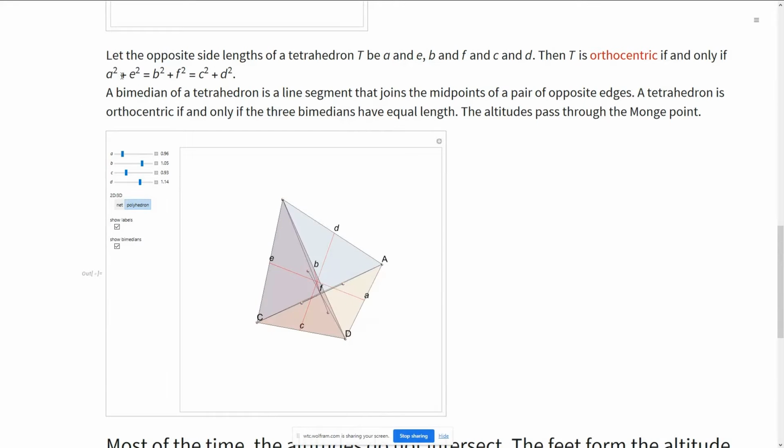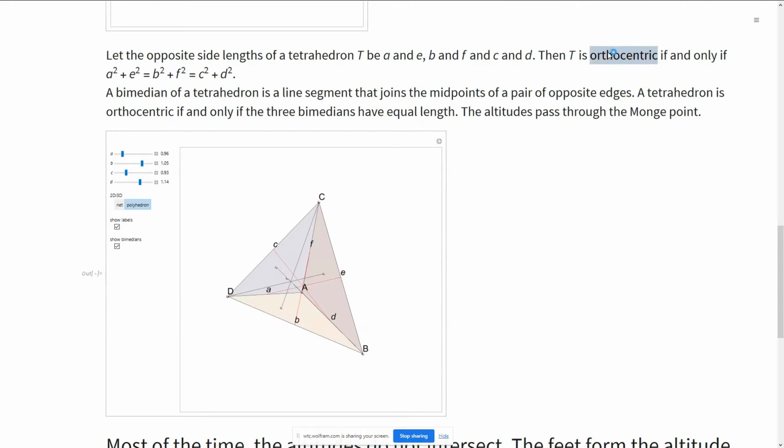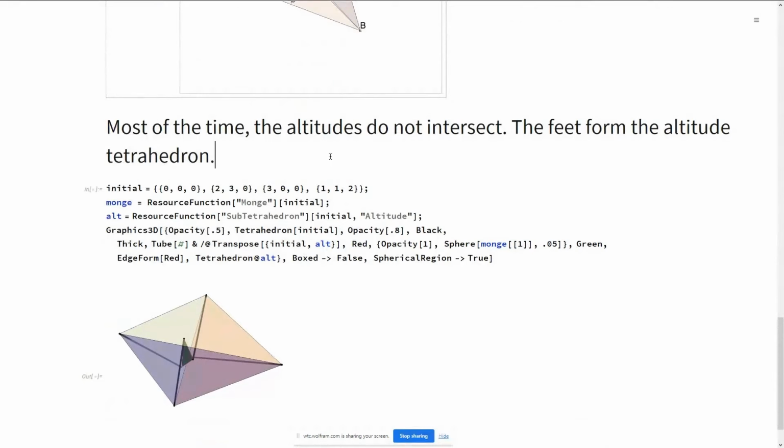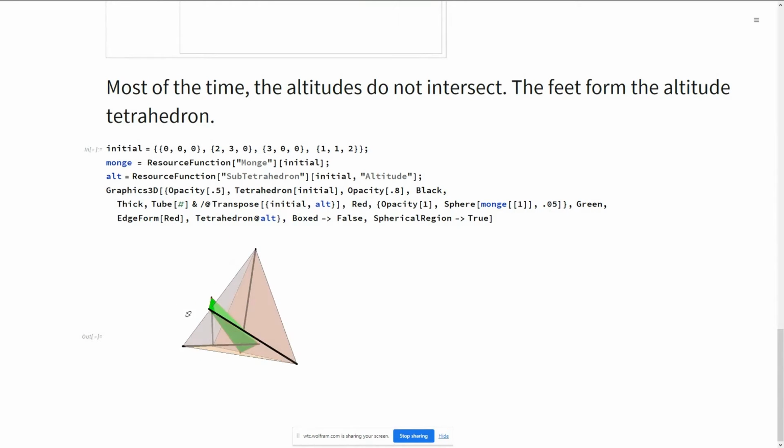Also, if the sum of the squares of the lengths of opposing edges reach the same value, then you'll have the same property. It will be an orthocentric tetrahedron. Most of the time, though, the altitudes do not intersect, and you don't have those properties. However, the altitudes still exist, so you can still get an altitude tetrahedron from any tetrahedra.